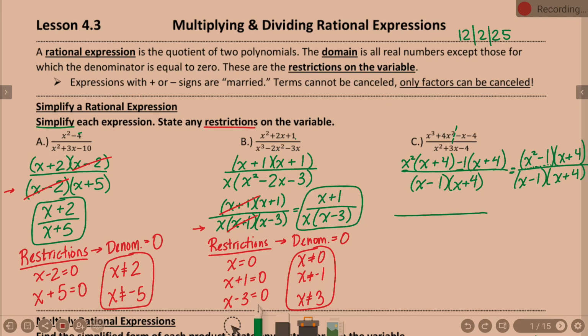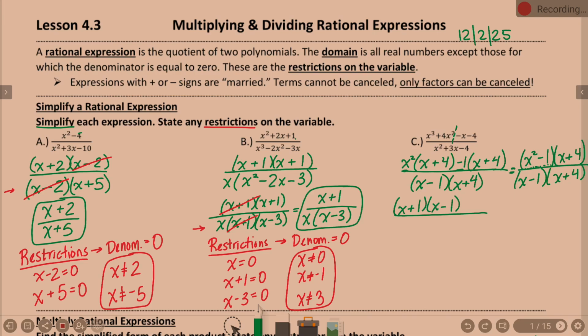Okay, so we have to do one last step of factoring here. X squared minus 1 goes into two parentheses. X squared, of course, is x times x. The square root of 1 is 1. So 1 times 1. If it multiplies to be a negative, what do we need?